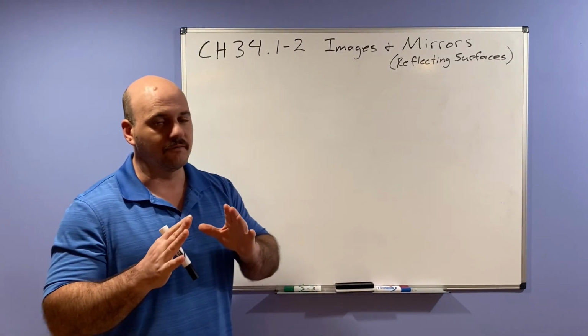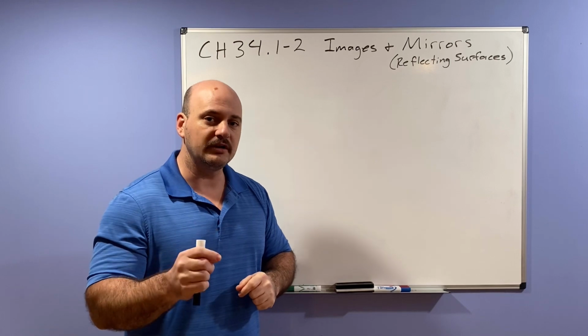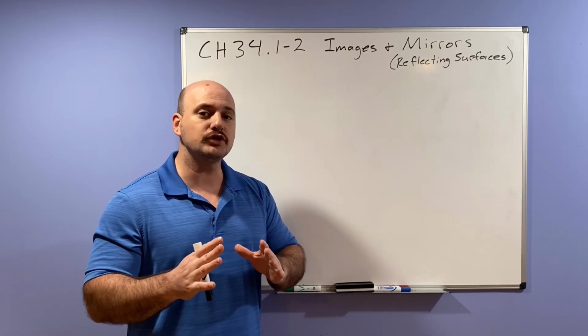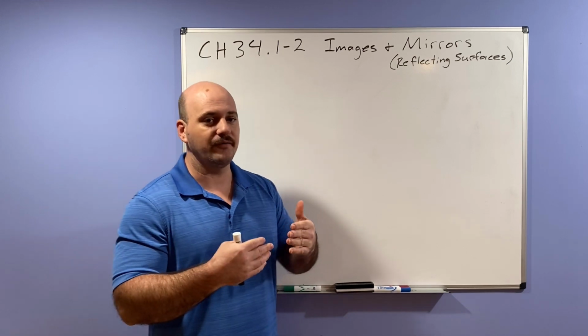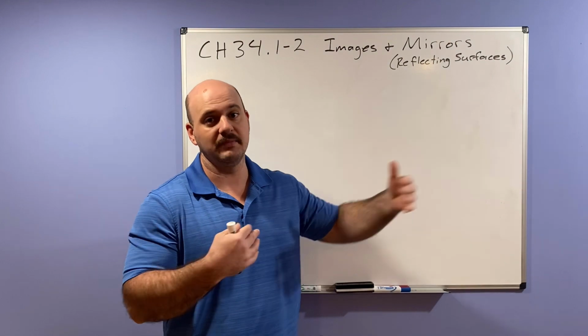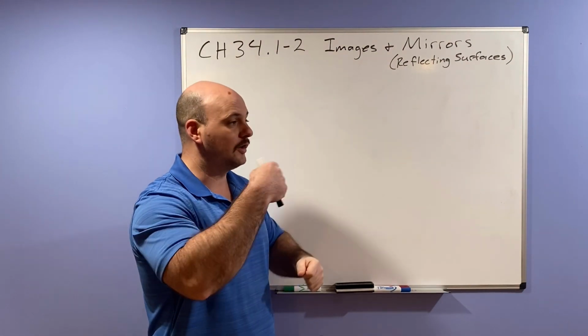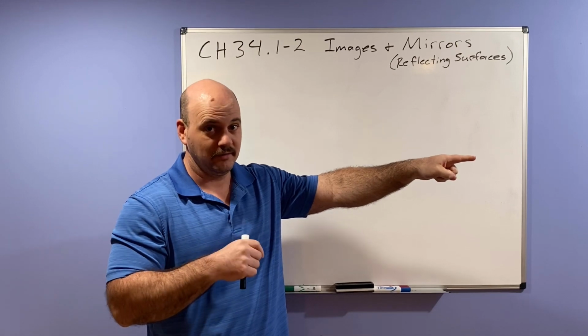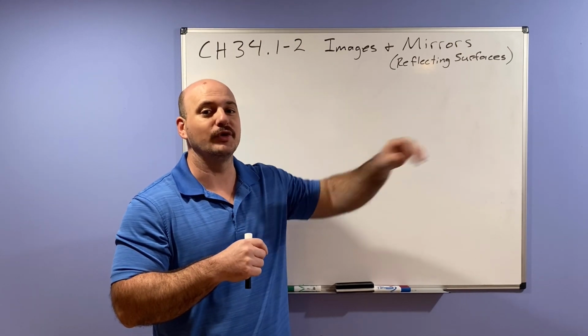For images, there are real images and there are virtual images. A virtual image is an image that forms on the opposite side of the mirror. Meaning you're standing in front of the mirror, brushing your teeth. That man in the mirror that you see is a virtual image of you.